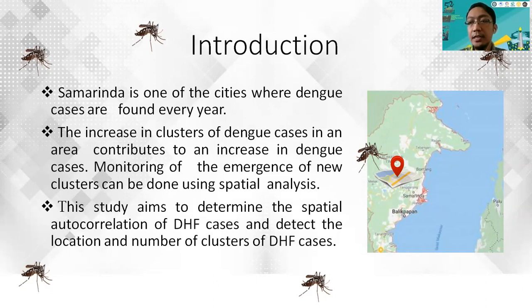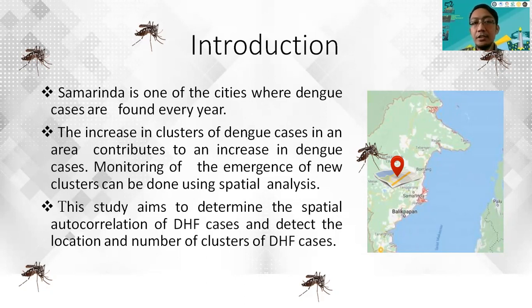Two years later, there was a decrease in cases, but the distribution of dengue cases was still found in all areas in Samarinda City. The three sub-districts consistently find dengue cases every year, namely Lempake, Sungai Siring, and Makroman.